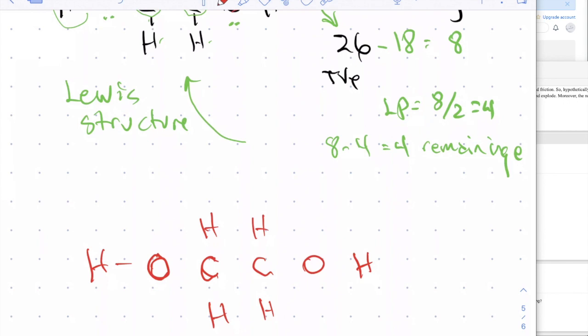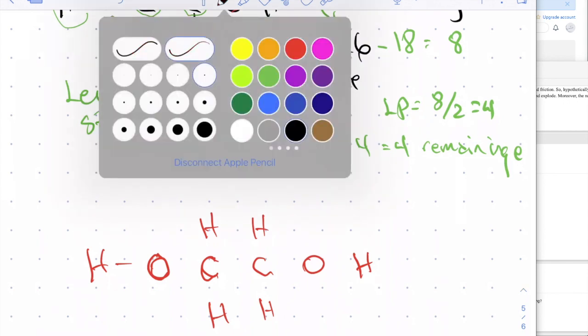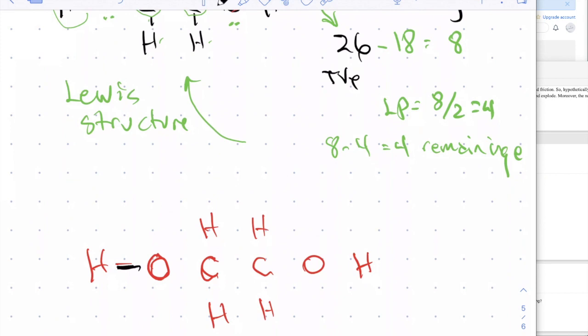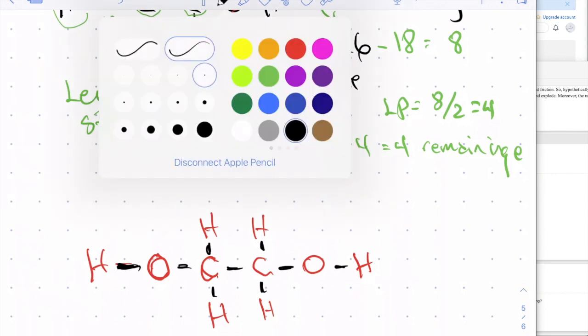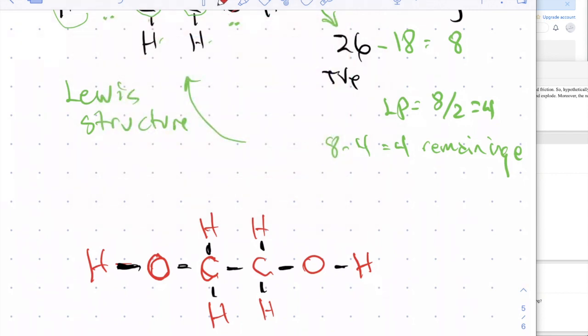We have 1, 2, 3, 4, I mean, we have 9 bonds. That's our 9. We have 4 lone pairs. There's 2 on that side and 2 over here. So this is our Lewis structure.